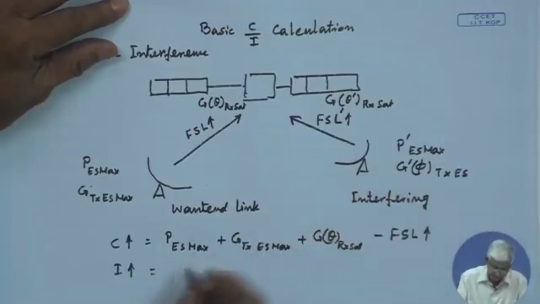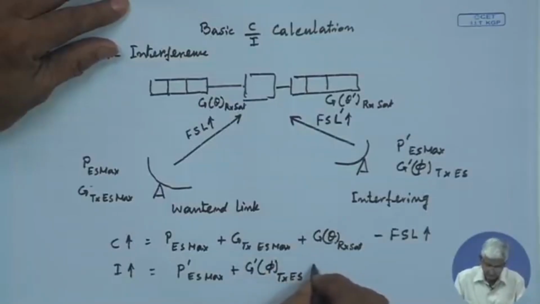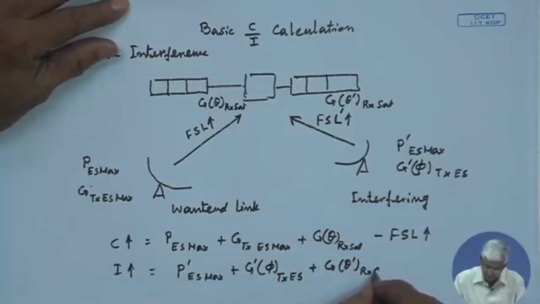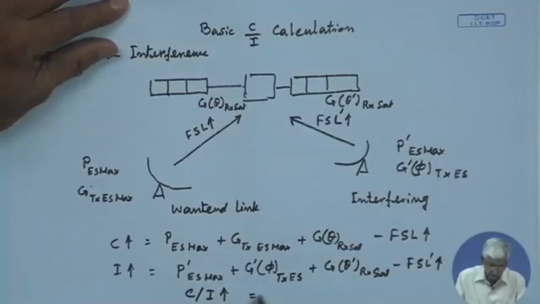I is from this side, that is P dash station max plus G dash phi transmit station plus G theta dash receive satellite minus FSL prime uplink. This is in dBW. So, your C by I uplink will be C uplink minus I uplink. This is in dB.